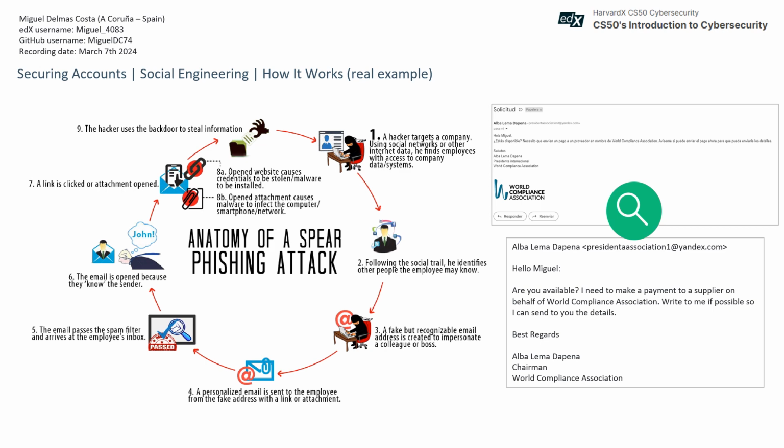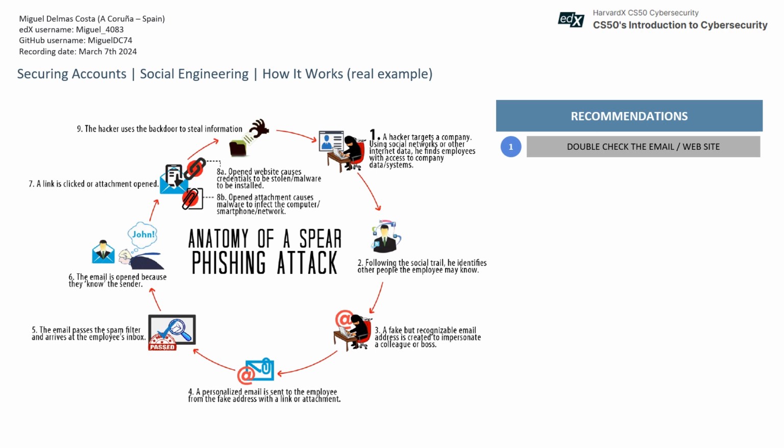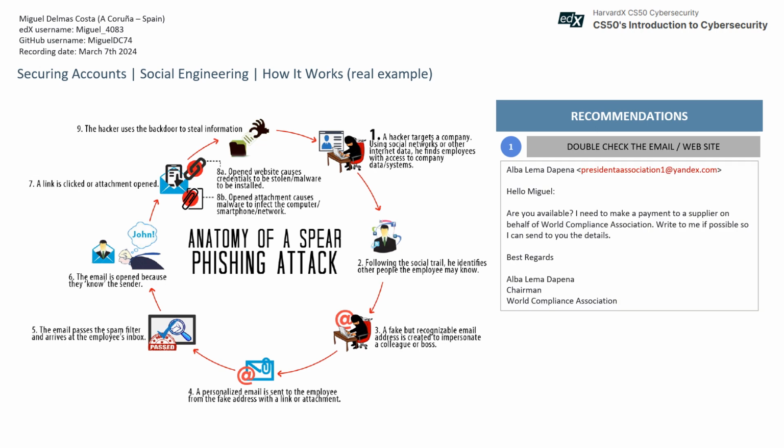Let's see. As a conclusion for us, what are the recommendations if anybody is the target of this CEO fraud in the future? First of all, always double check the email or the website of the company. Check this out: the email was sent from Presidenta Asociación 1 at yandex.com.